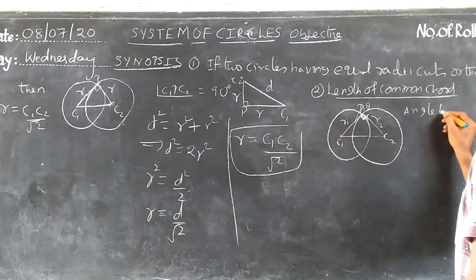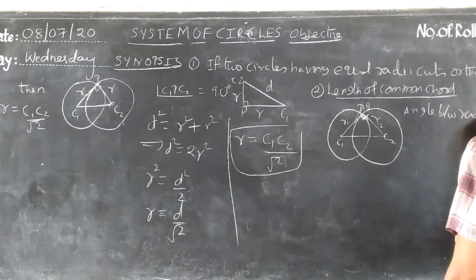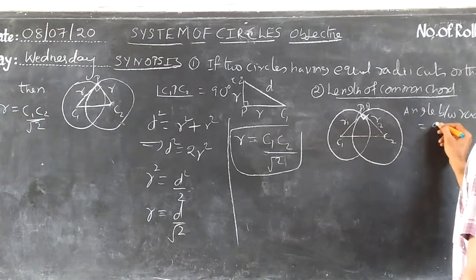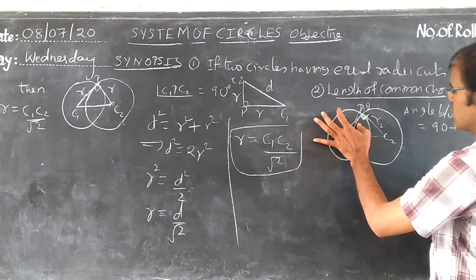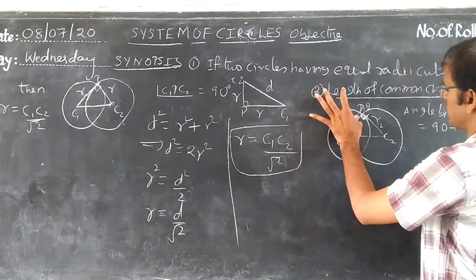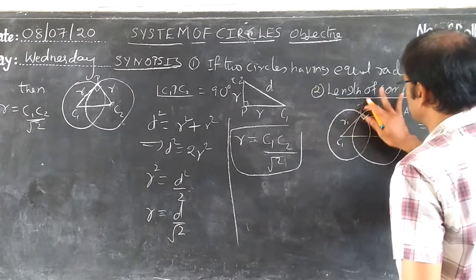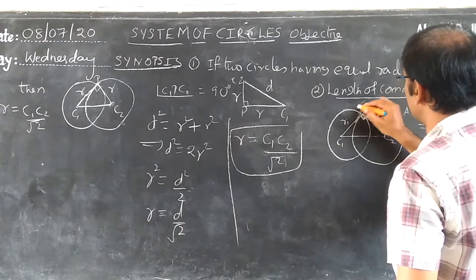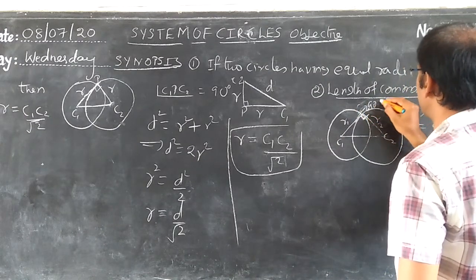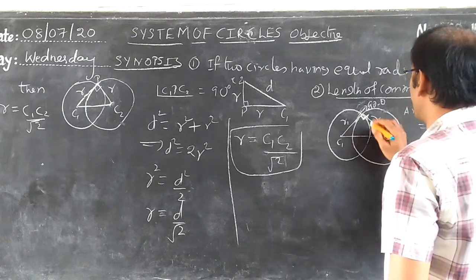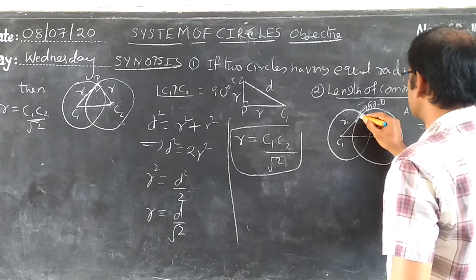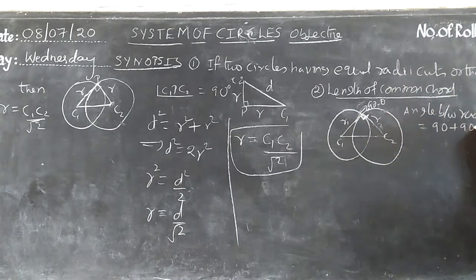The angle between radii is 90 plus 90 minus theta, since the full angle is 90. If the angle between tangents is theta, this is 90 minus theta. So the angle between radii is 180 minus theta.